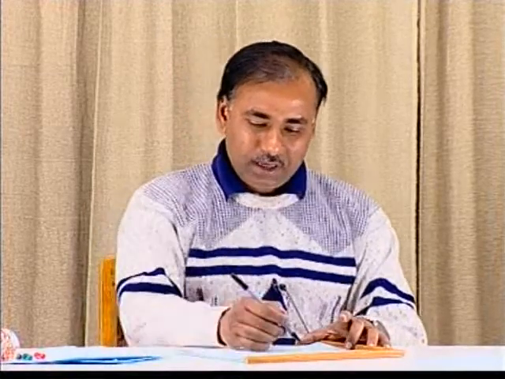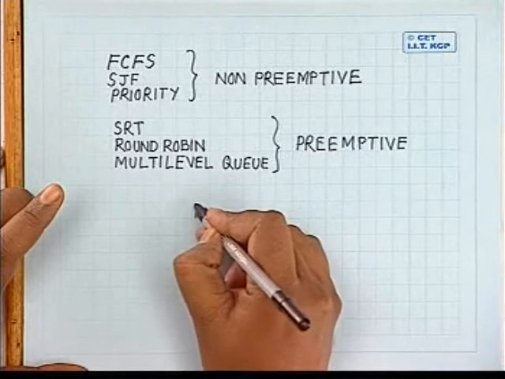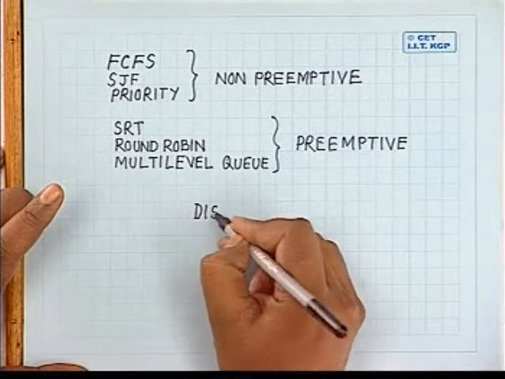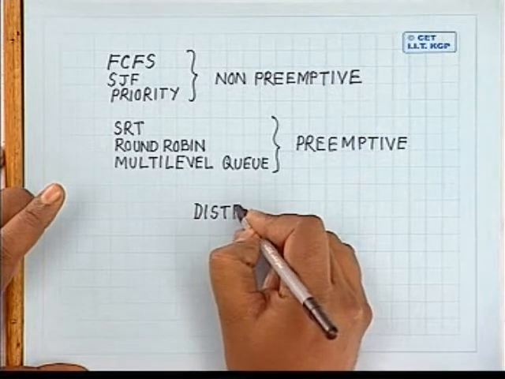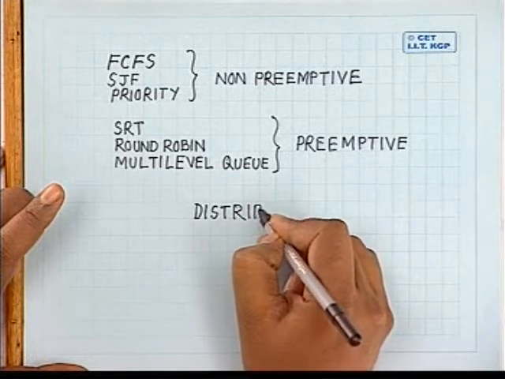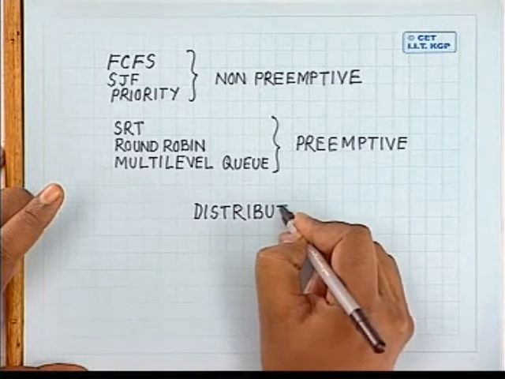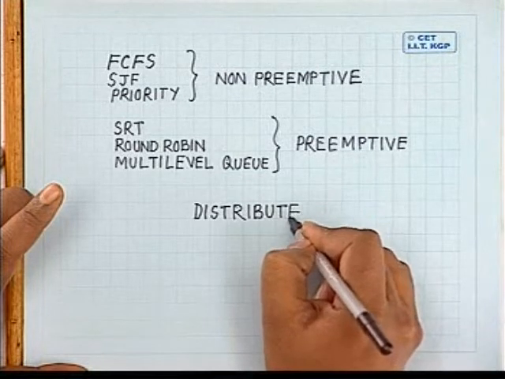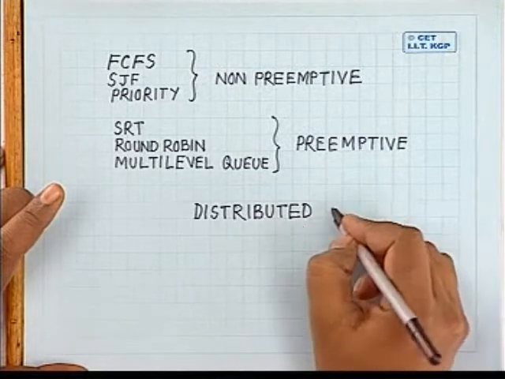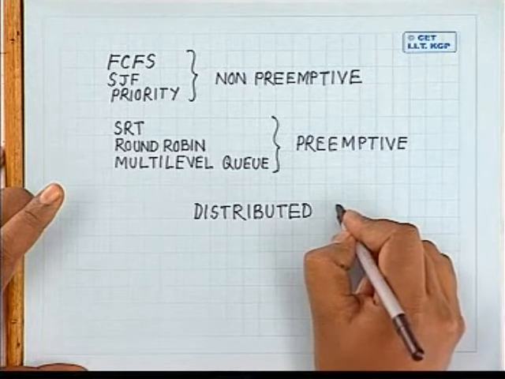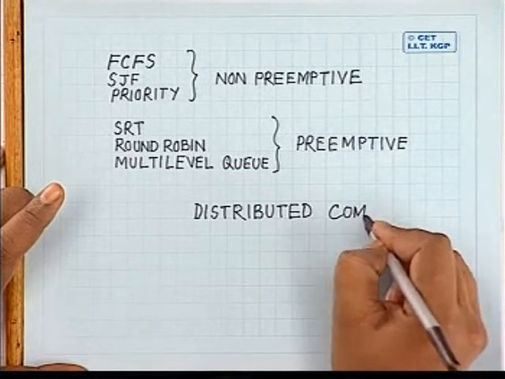So today's operating system must consider that distributed computing nature. So in the distributed environment, what I have is a number of computers connected over a network. In our case, we will assume that it is a local area network. So this is distributed computing.